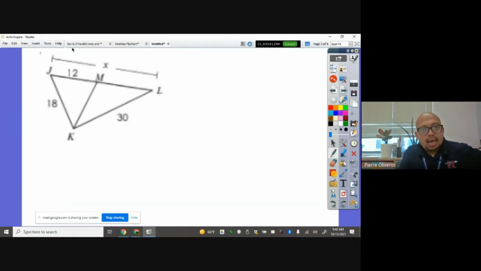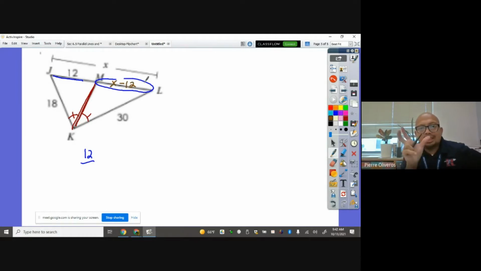Next, I have triangle JKL, and I have the angle bisector, which is this one here. So the opposite sides are 12 over unknown. What is this portion here? If the entire thing is x and a portion of it is 12, so this will be x minus 12.